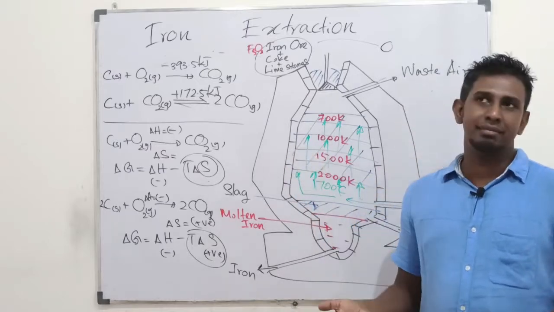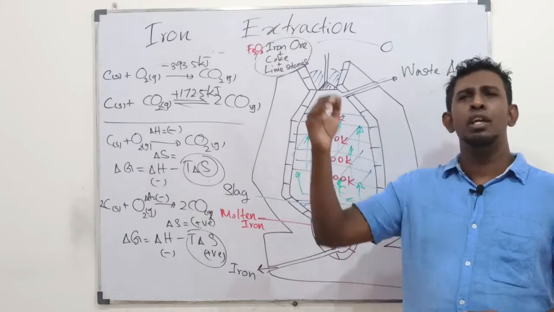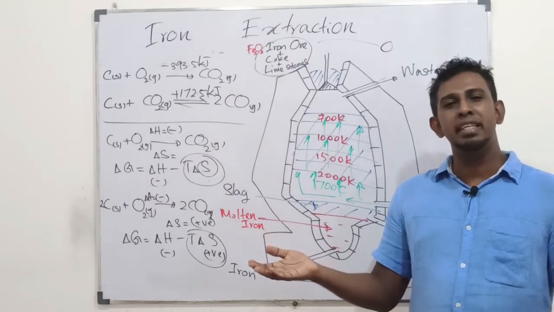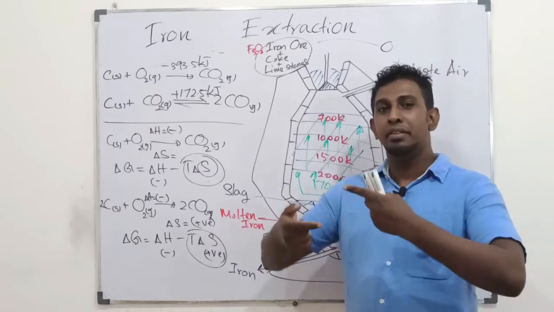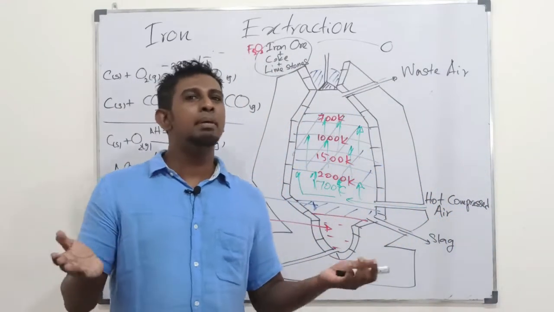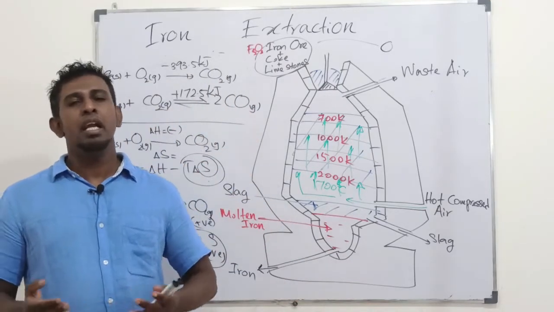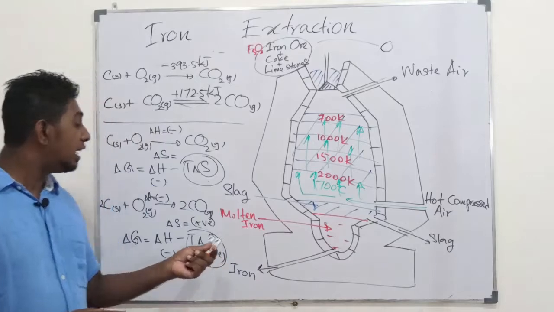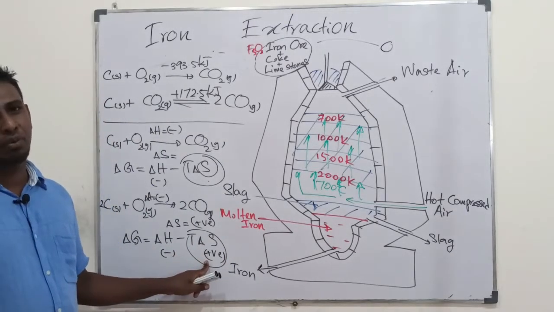Compared to that, carbon dioxide's delta G value at the same high temperature would not be changing that significantly, would not be that stable. Then we are talking about relative stability. Compared to carbon dioxide, at high temperatures, carbon monoxide's relative stability is very high for this reason.